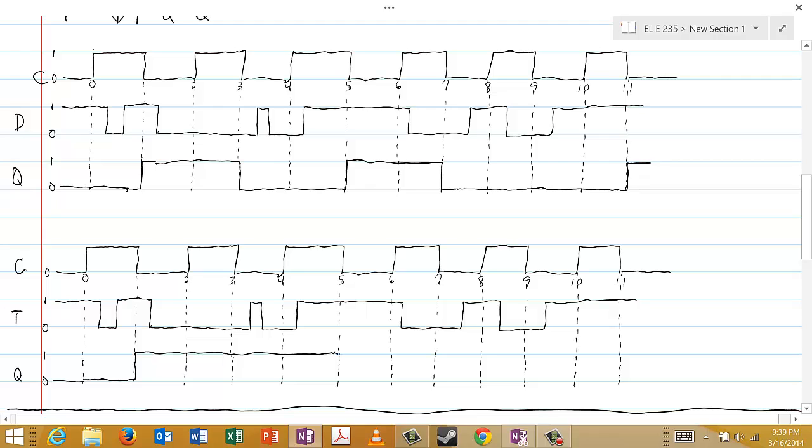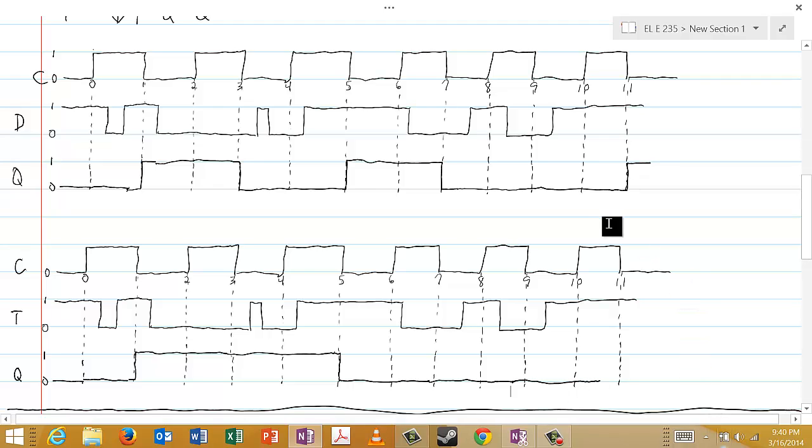So we'll go from 1 back down to 0. The next negative edge, the T input is 0, so there's no toggling in that case. We stay at 0. At the next negative edge, again, the T input is 0, so again there's no toggling.